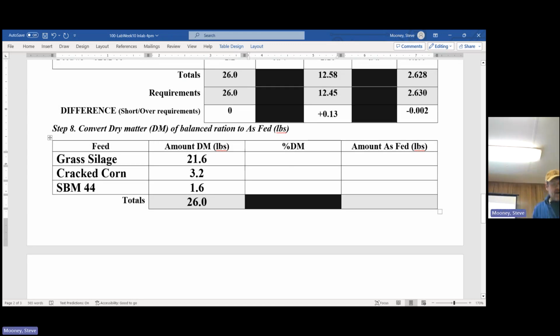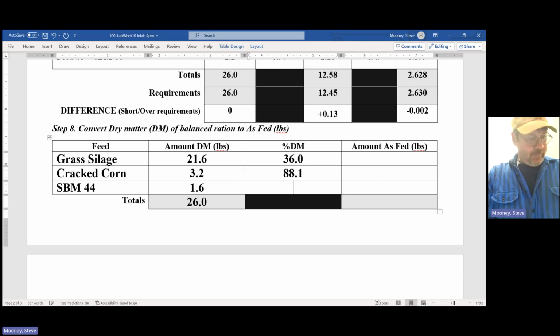Where do we get the dry matter percents? Step 2. So we had 36, 88.1, 89.1. So how do we get over to our as fed?